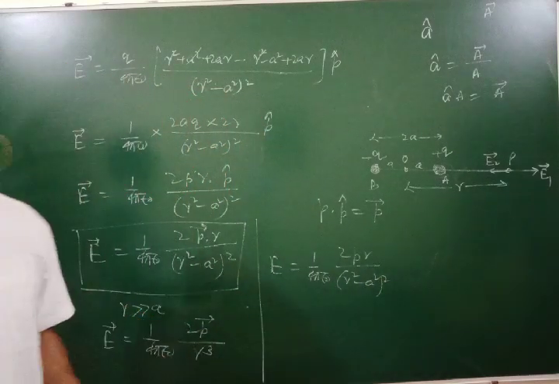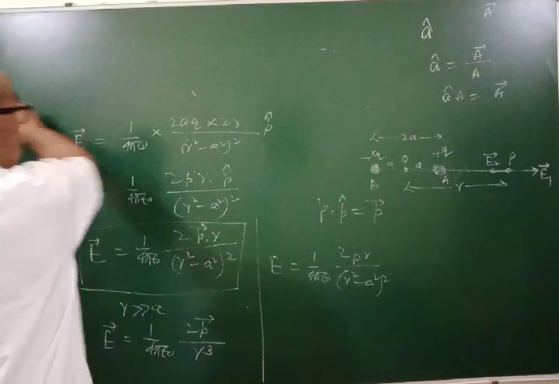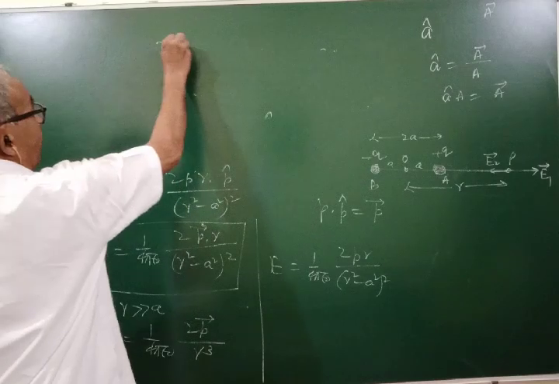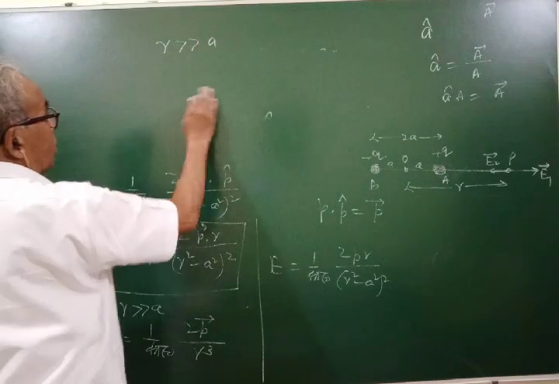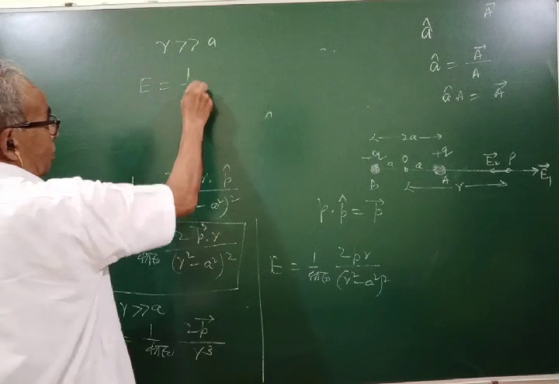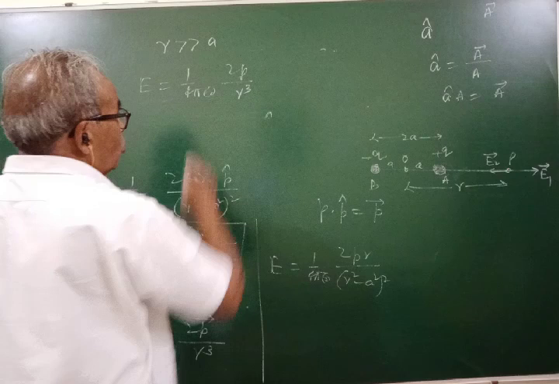At a far point, when r is greater than a, the magnitude of the electric field is E equal to 1 upon 4 pi epsilon 0 times 2p upon r cube.